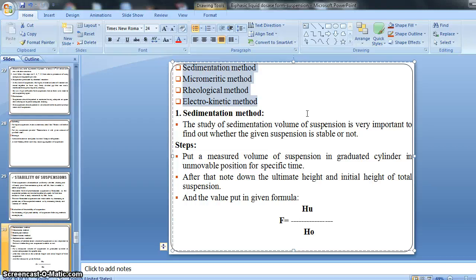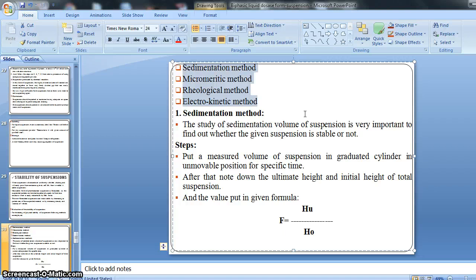So first of all, the sedimentation method. Before starting, I will tell you what sedimentation means. Sedimentation means the solid distributed particles come to the bottom, from the initial place, from the top to the bottom.